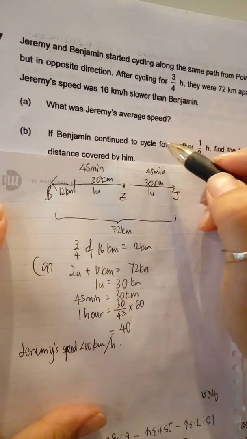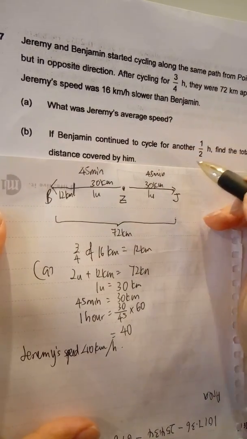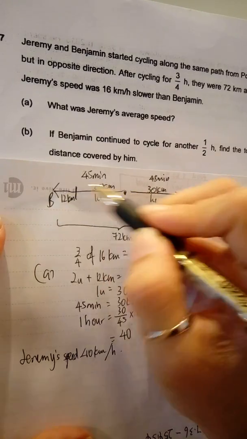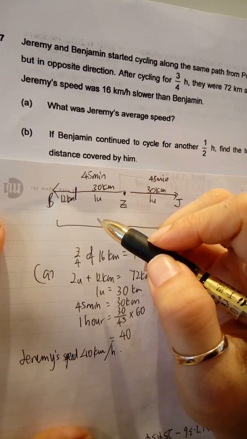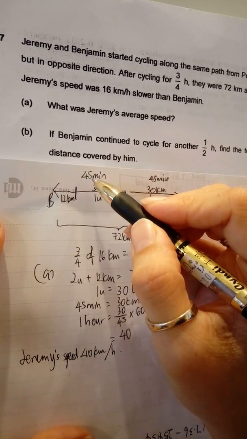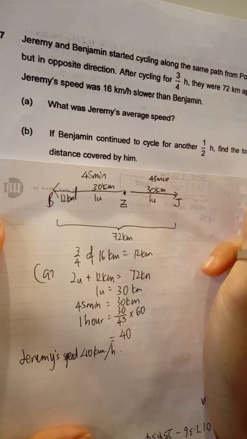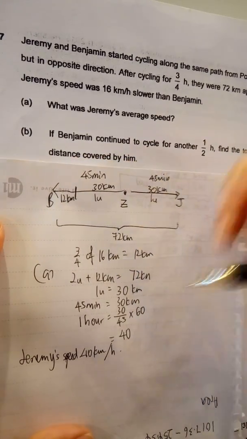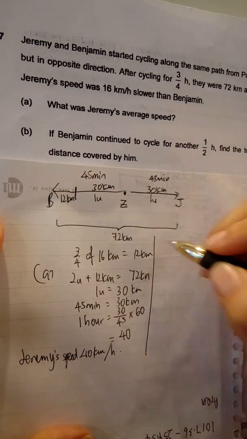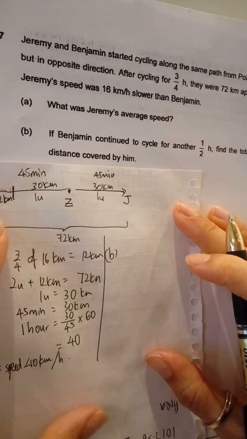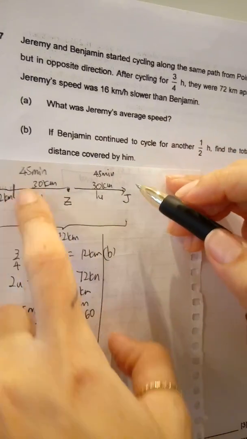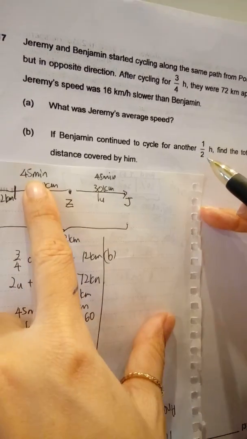If Benjamin continues to cycle for another half an hour, find the total distance covered by Benjamin. Actually, you can take a shortcut, because he already traveled for 3/4 hour, which is 45 minutes.